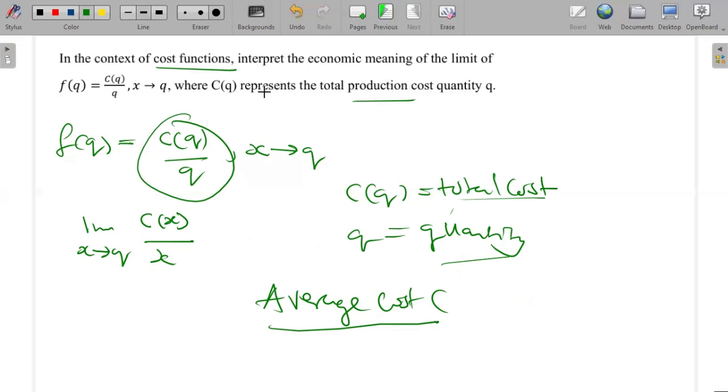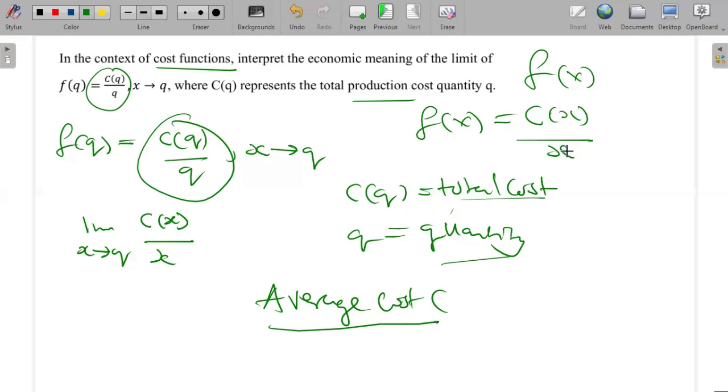So again, they're telling us in the context of the cost function. So this here is the function. Remember, we said you are generally writing f of x like this. So this function is f of x is equal to C of x, divided by x.